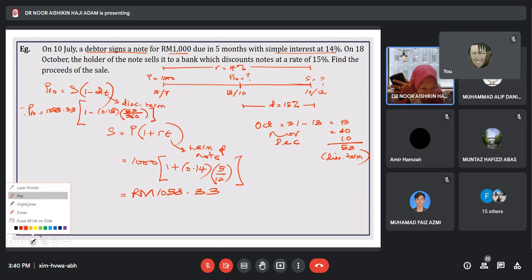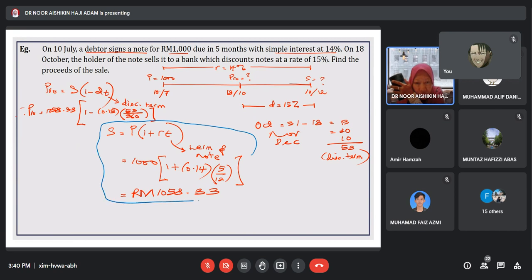Okay, saya perlu partition. Dah bercampur aduk dah semua. Sorry about that. Ni nak dapatkan S. Dan you gunakan dalam formula for proceeds.